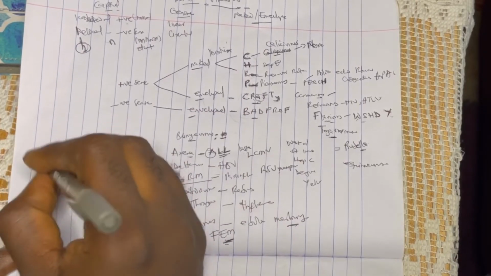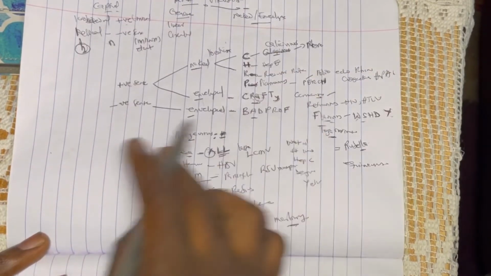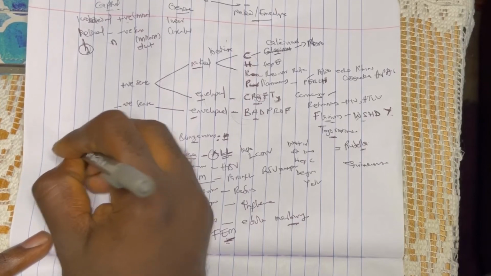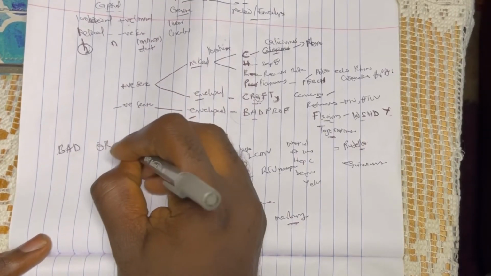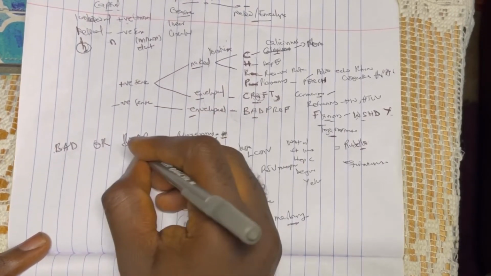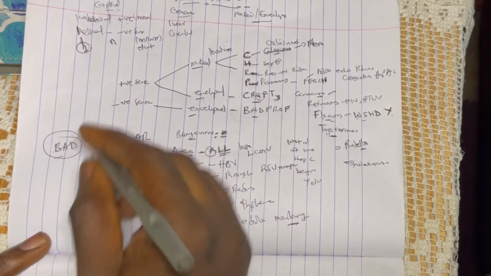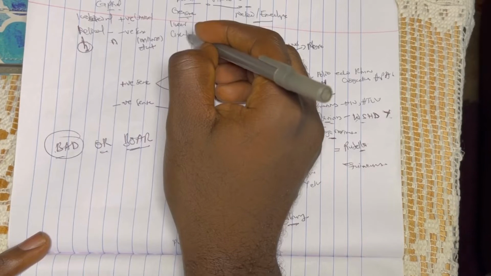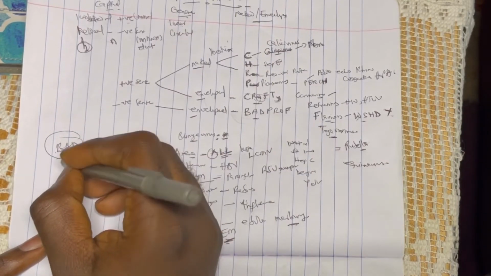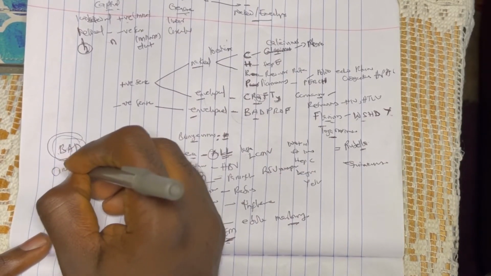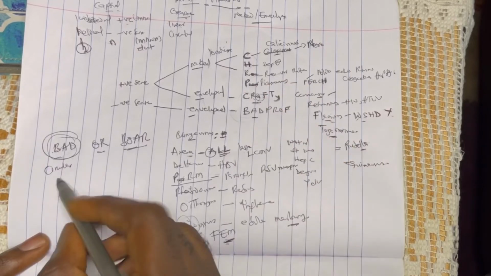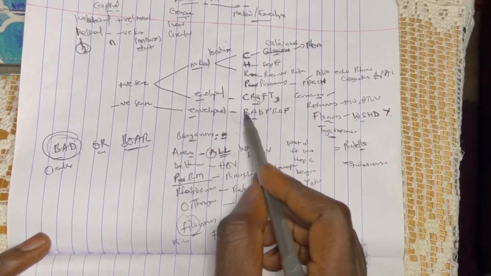So now one thing I also need you to remember aside from the whole mnemonic is BAD or BOA, okay? So BAD will tell us about the shape of the genome, whether they're linear or circular. BAD means they are circular. The rest are all linear, okay? You get it from here, BADPROF, right?